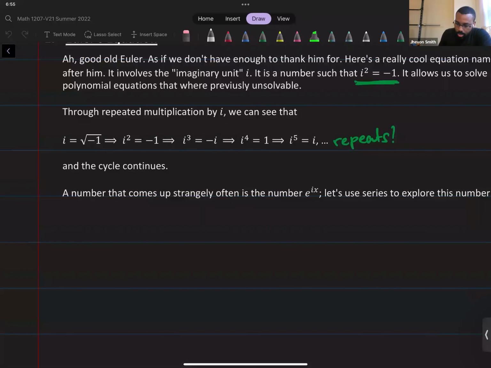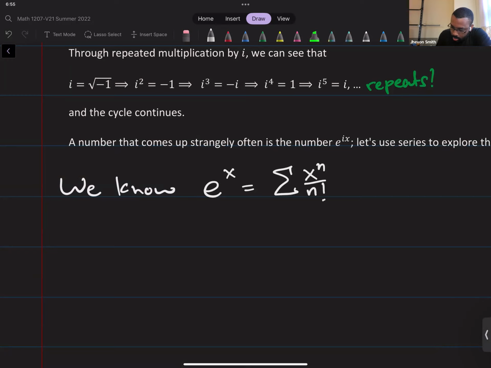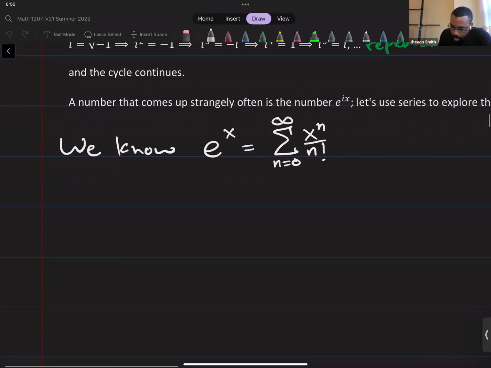So here we go. If I have e to the x, we know e to the x is this series. That's what it is. What that means is anything I can do to e to the x, I can do with this series. It also means that if I were to replace x with ix, I can go into this series and replace x with ix.